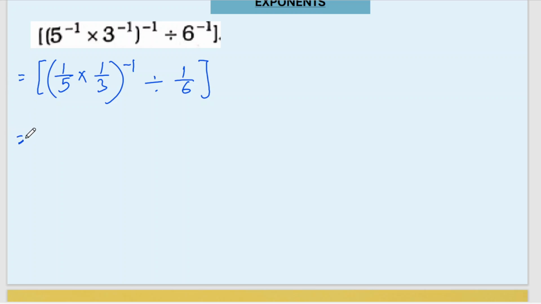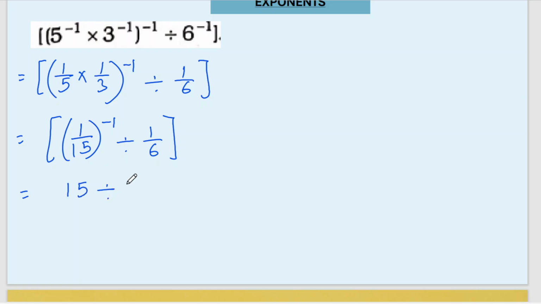Now 1 by 5 into 1 by 3 can be written as 1 by 15, to the power minus 1, divided by 1 by 6. Now this is 1 by 15 to the power minus 1, so it will be 15 to the power 1 divided by 1 by 6. Now we can write this as 15 into 6 by 1, and it is 90. So the answer is 90. So what concept have I used here?